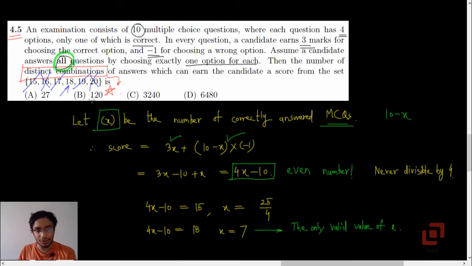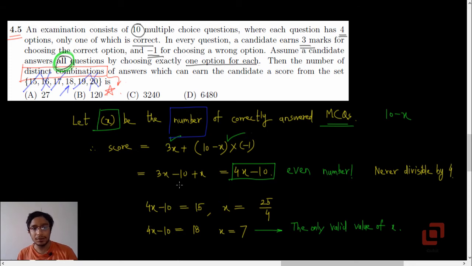So let's now go to the corresponding number of questions, that is x. Just to demonstrate it, let's consider 4x minus 10 equal to 15. So let's say in a hypothetical situation the candidate got 15 marks. So 4x minus 10 equal to 15, so x is 25 upon 4. Is it possible? No, because x is the natural number of correctly answered MCQs. So that's definitely not right.